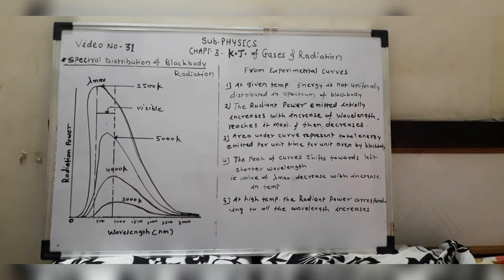Two scientists, Lummer and Pringsheim, studied the energy distribution of the black body radiation as a function of the wavelength lambda. They kept a source of radiation at different temperatures and measured the radiant power corresponding to the different wavelengths.